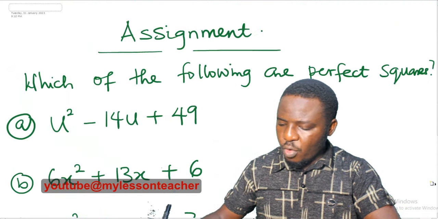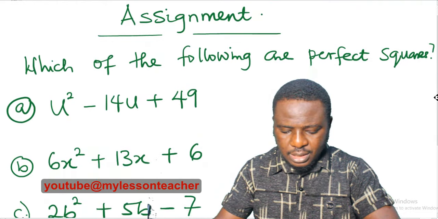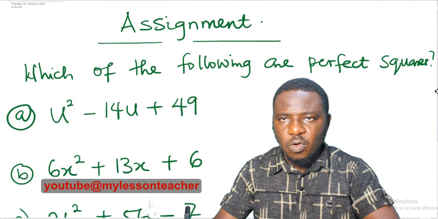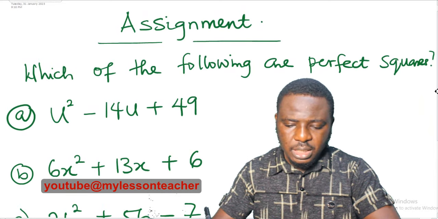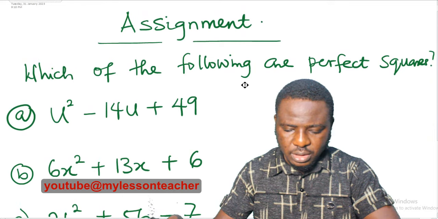Before we go, I will leave you with this assignment, which we shall look at in the next class before we begin the class. Which of the following are perfect squares?